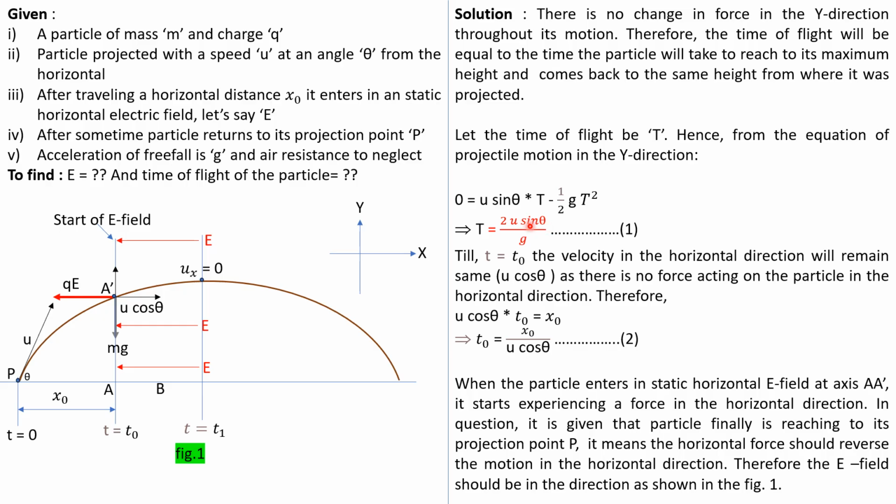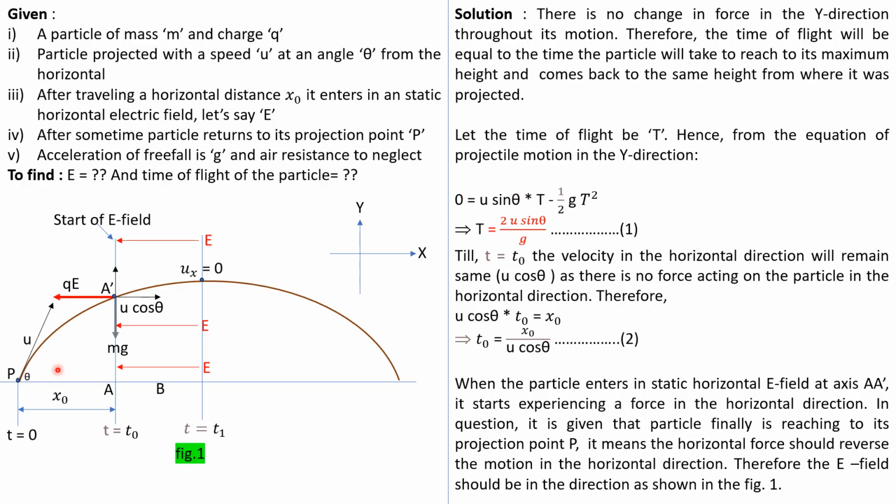So we can conveniently write the equation of motion for the projectile as this. The displacement is 0 because the particle went up under the influence of g, the gravitational pull, and it comes back. So displacement is 0, so we have put 0.